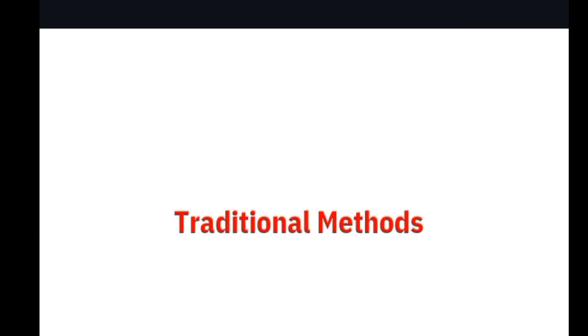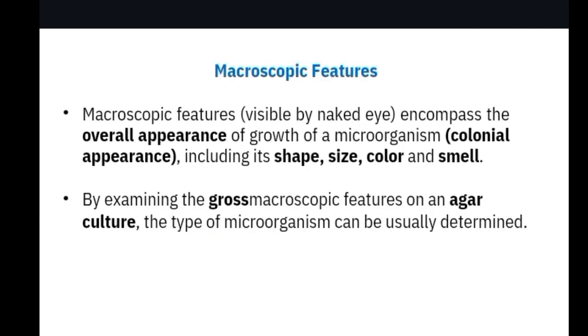So we have discussed broadly what the traditional methods are and the different types of traditional methods for microbial identification. Before studying traditional methods, I would like to mention the microscopic features used in them. Microscopic features encompass the overall appearance of growth of an organism, usually colonial appearance, including its shape, size, color, and smell.